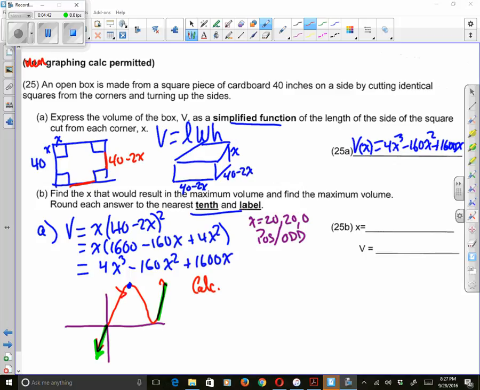You're going to put your arrows here and here, and you'll find out that your x value equals 6.6 repeating when your y value is 4,740.7.